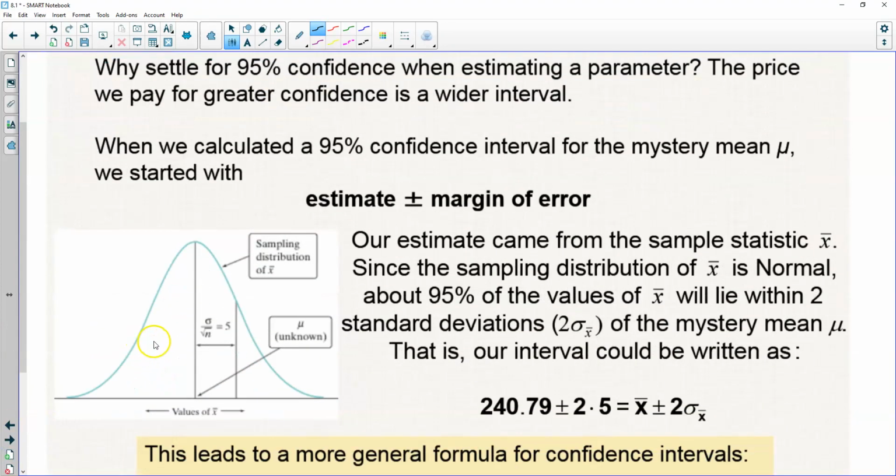So why do we always do 95%? The price we pay for greater confidence, so if we went up to 97, 99, things like that, is a wider interval, a wider margin of error. Because we were 2 standard deviations away, that's why we had the 2 when we did this example.